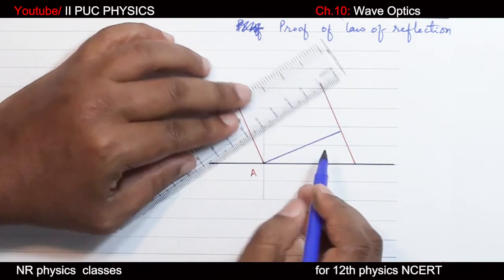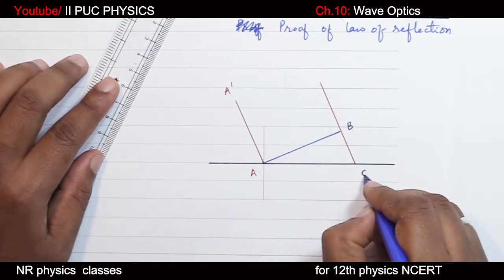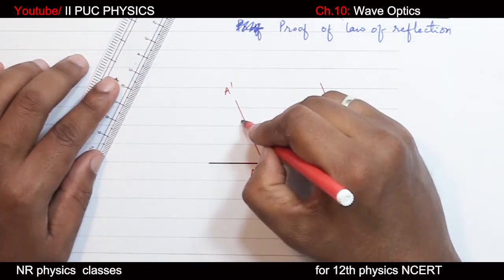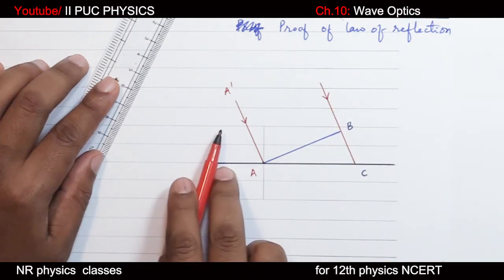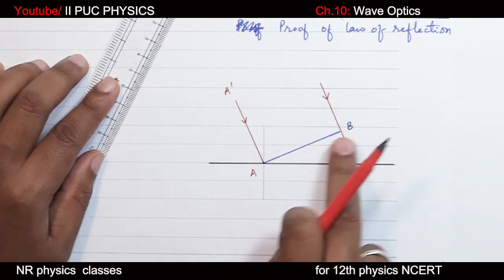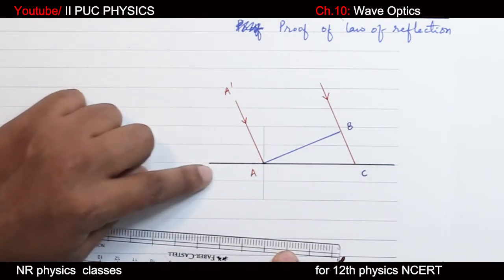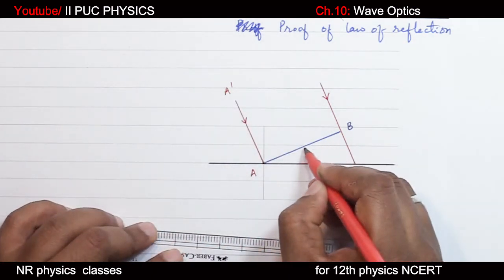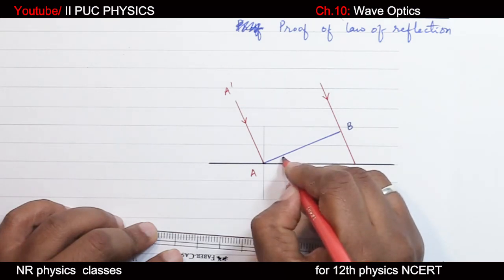This is the wavefront, so AB is the wavefront. Consider a plane wavefront AB traveling along A'A, incident on the reflecting surface. The angle between the incident wavefront and the reflecting surface is the angle of incidence. So this is the angle of incidence I.